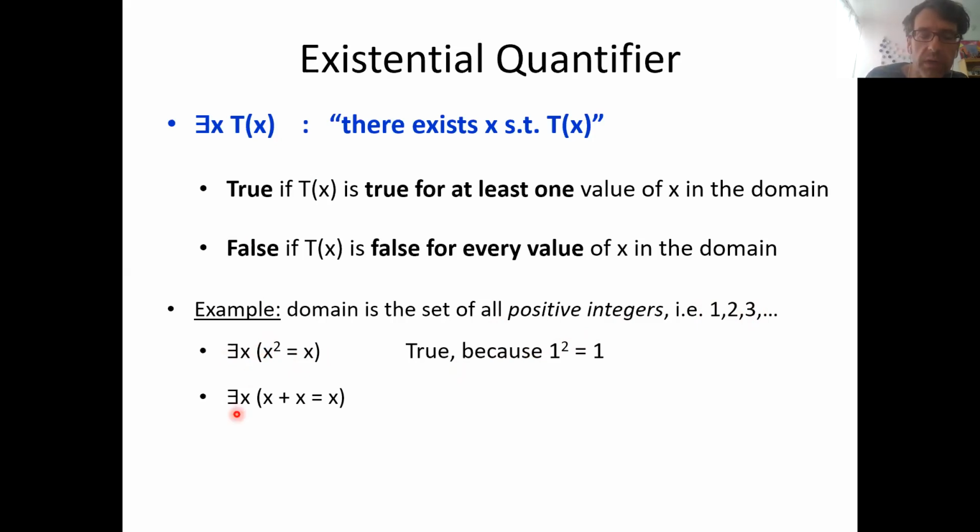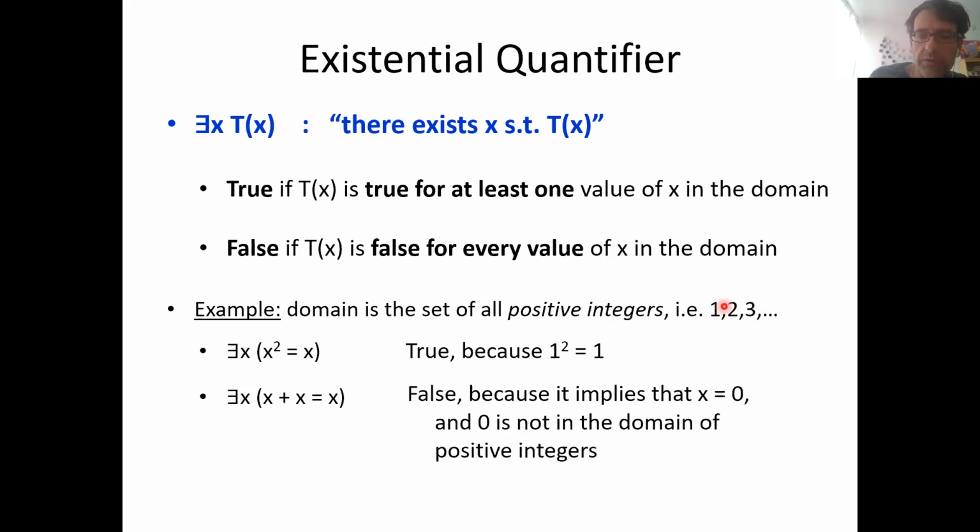Let's look at this one. There exists an x such that 2x is x. Well, over this domain, it is false, right? Because this statement implies, subtracting x from both sides, that x is 0. And x equals 0 is not part of this domain. So it's actually false over this domain.